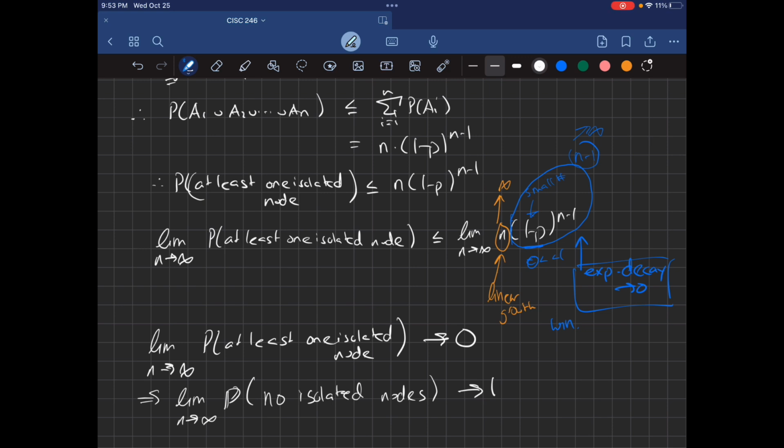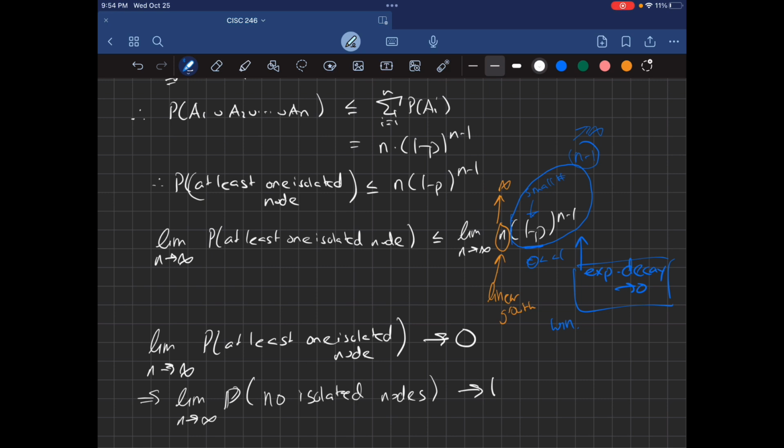As you increase the number of nodes to be super big, like 1 billion nodes, and you're just randomly connecting them, you'd think that there would be at least one isolated node, but it turns out that there isn't. The probability of having no isolated nodes, or that everything is somehow connected by at least one thread, is converging to probability 1, which is a pretty cool result.